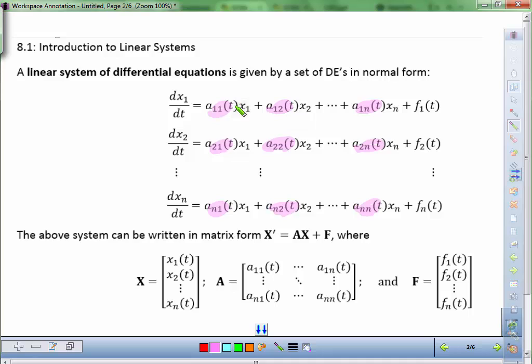But anyways, these coefficients, whether they be constant or functions, get placed into the matrix of coefficients that we have here.